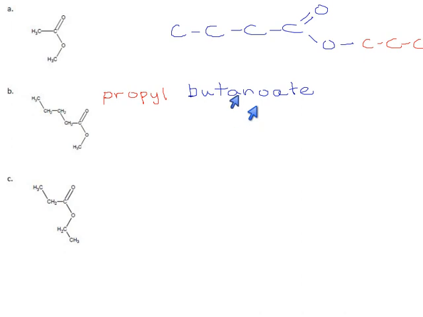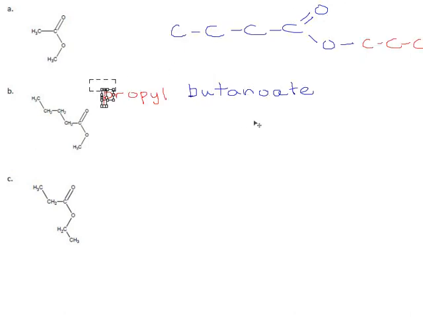So remember, the part that's named -oate is the part which contains the carbon attached to both oxygens. So identify that part first, and that's like your primary. And then this is like a branch connected onto the other end.